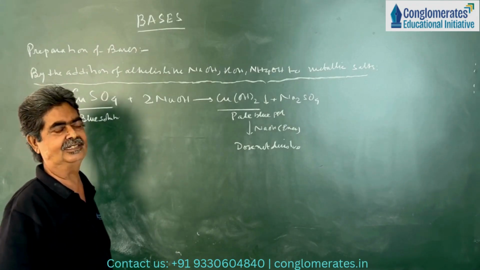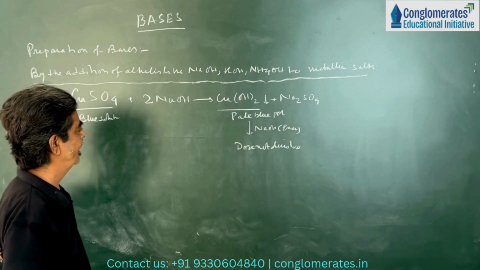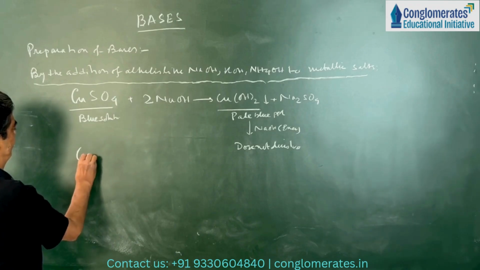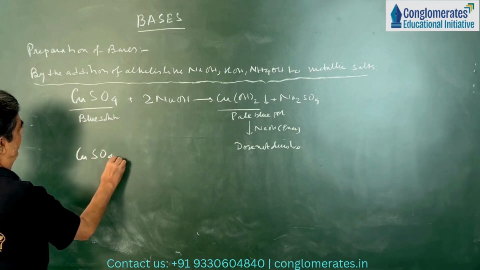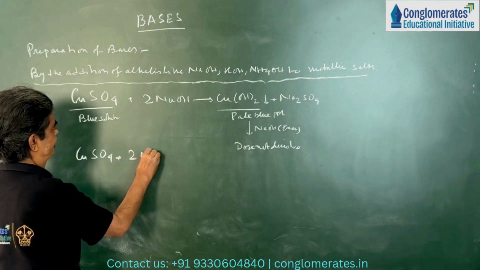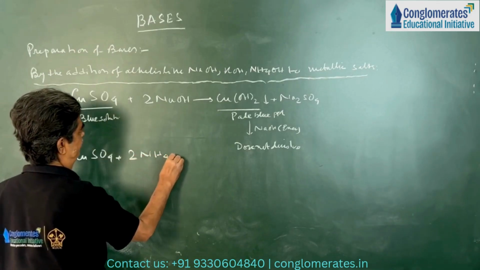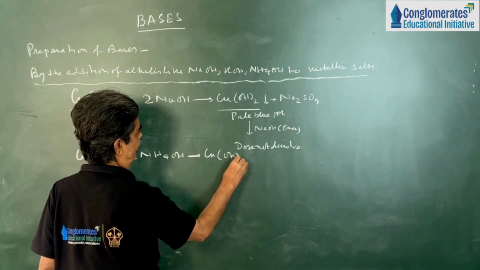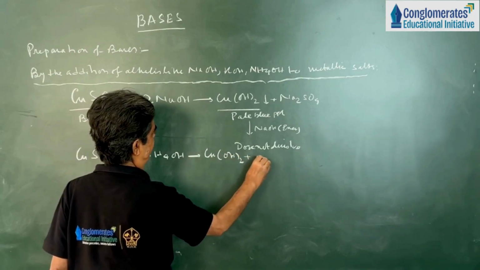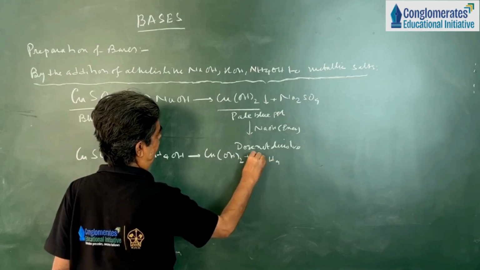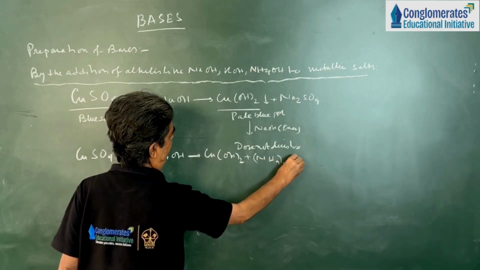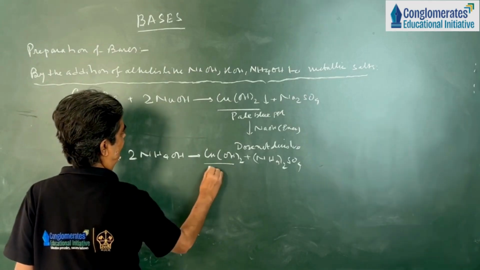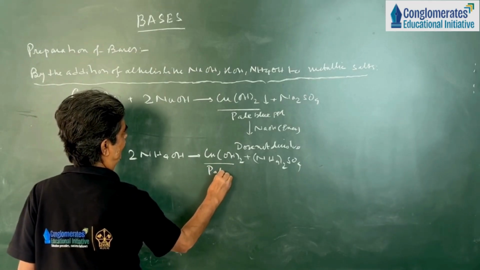But ammonium hydroxide, I'll show the reaction, I've already told you. Now copper sulfate plus ammonium hydroxide, we get copper hydroxide plus ammonium sulfate. Now this is pale blue precipitate.